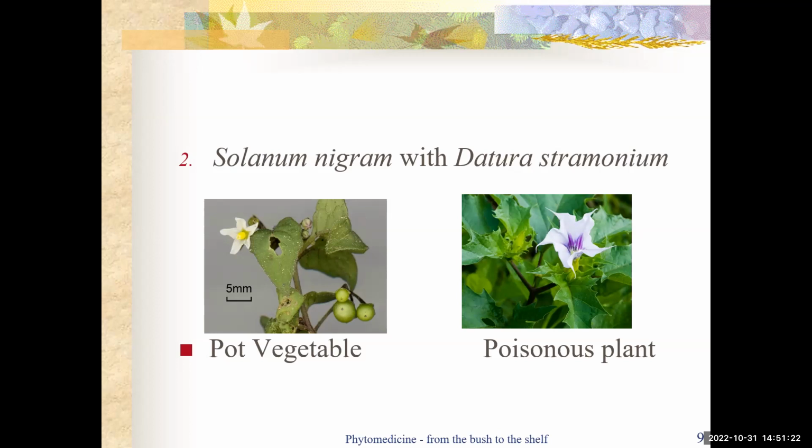So we've had incidences of even whole members of families being hospitalized because they ate Datura instead of Solanum. So you can see why it is important to get the correct plant. And to get the correct plant means that you must understand something of taxonomy. So whether you're a taxonomist or not, you need taxonomy just for your own welfare.